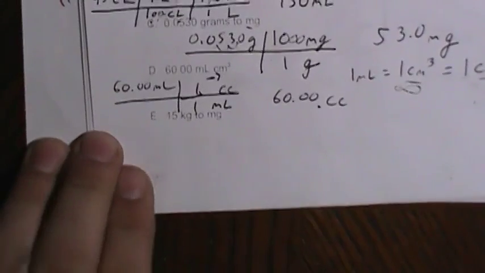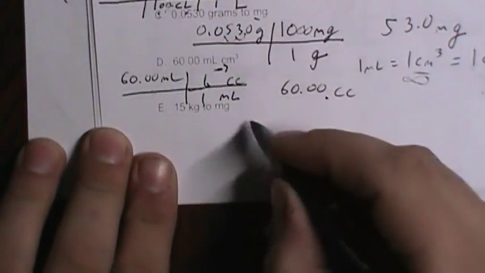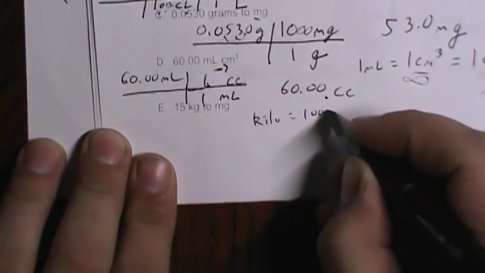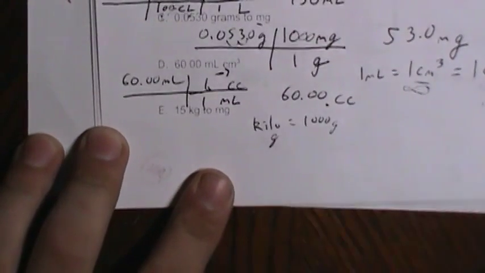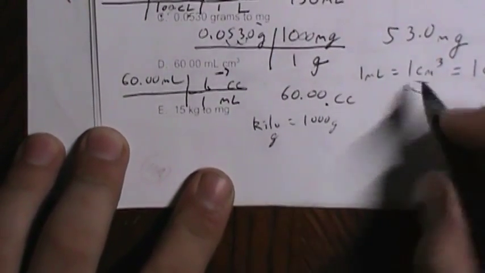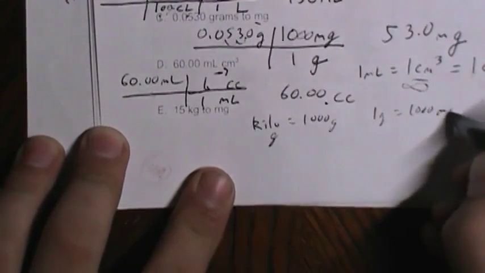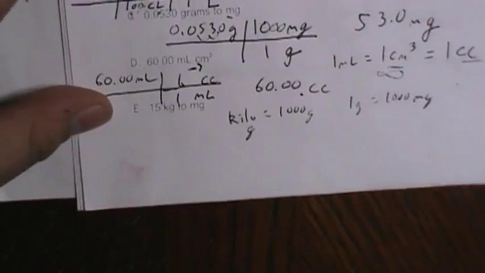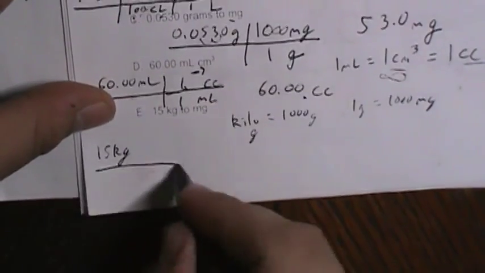All right, last one, 15 kilograms to milligrams. Well, this is another two-step problem. Kilo has 1,000 grams, so kilograms, 1,000 grams. And milligrams, a thousandth of a gram, 1 gram equals 1,000 milligrams. I set up my two-step conversion chart, so it's going to look like letter B. 15 kilos.